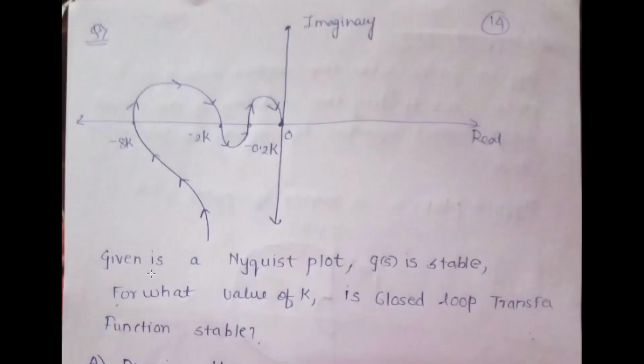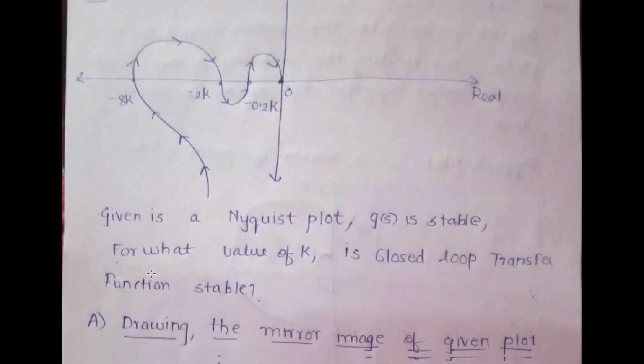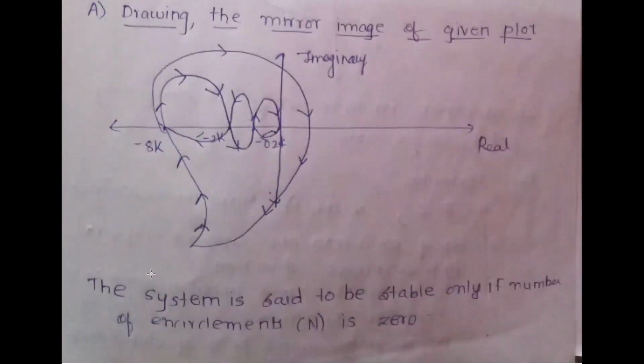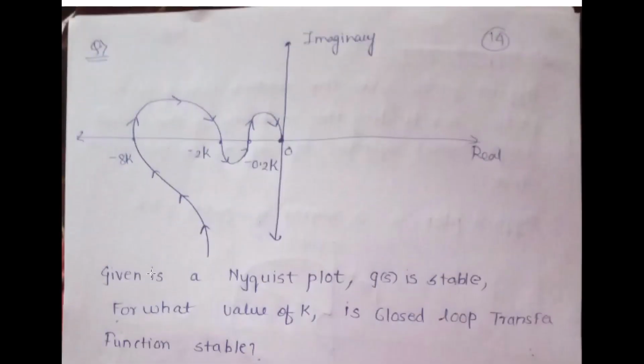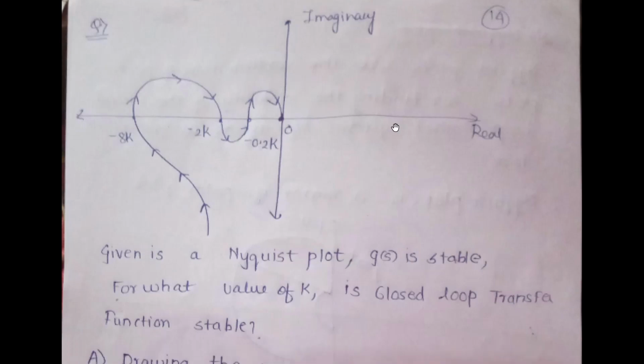Now this is my diagram of a Nyquist plot, and this was asked in the GATE examination itself. So we'll try to understand how this diagram works out. A diagram is given to you, and they are saying that G(s) is stable. What is G(s)? G(s) indicates the open loop transfer function.